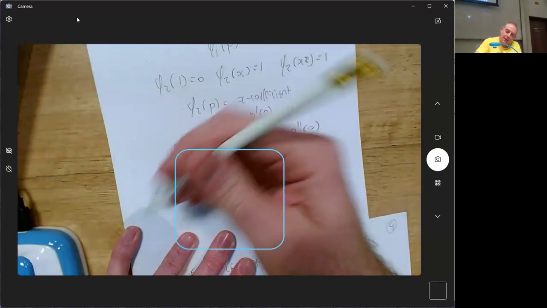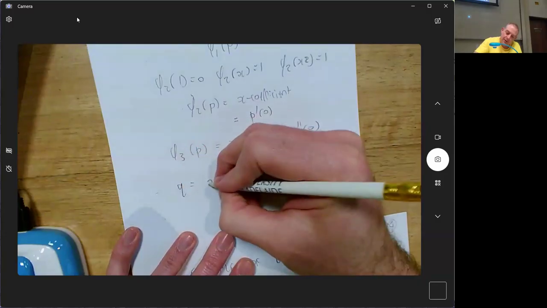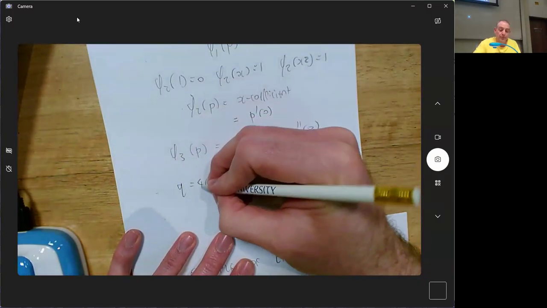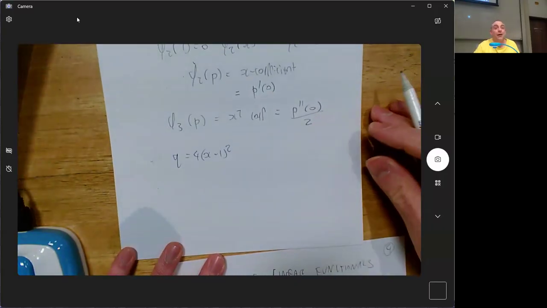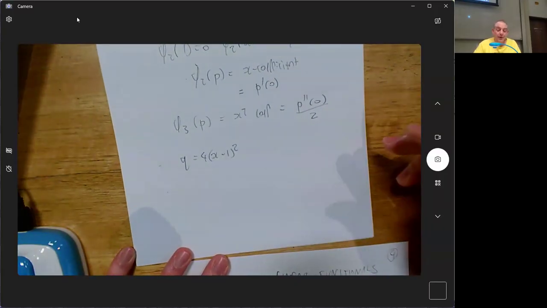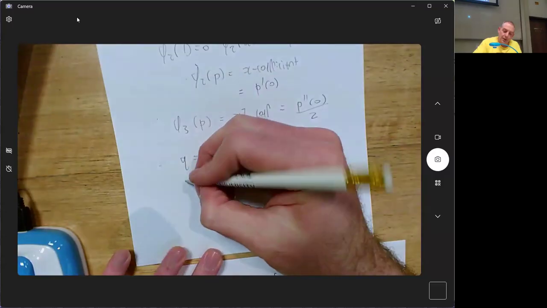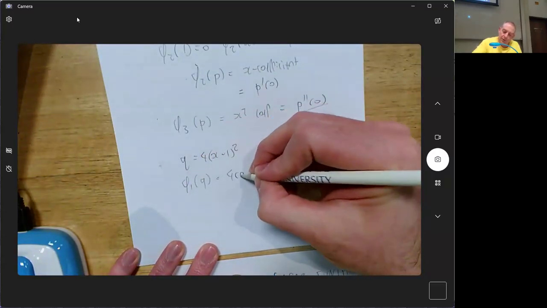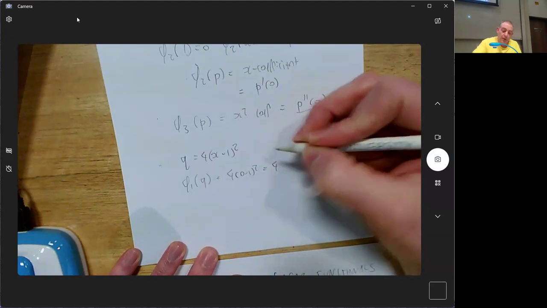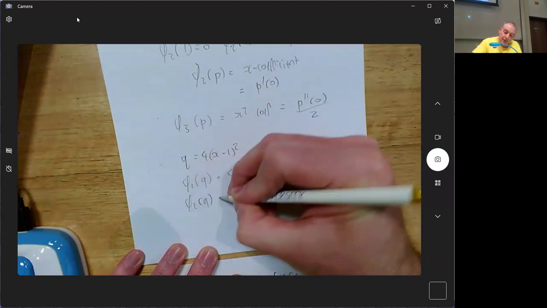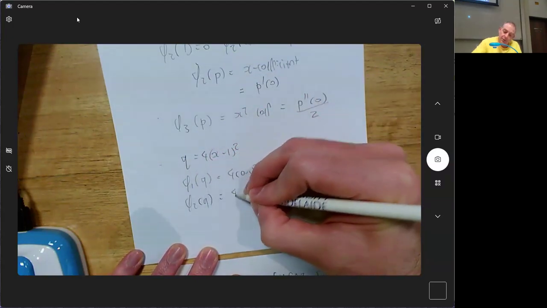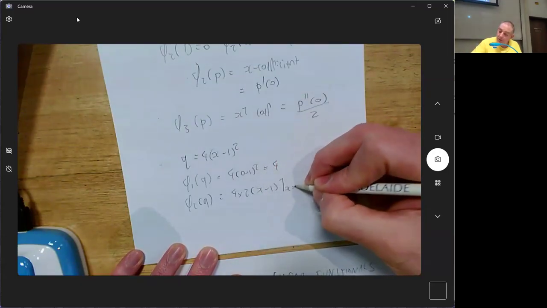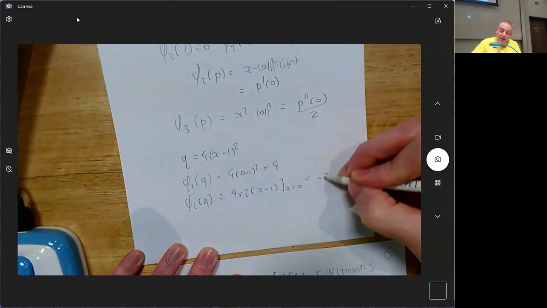what if you had q is like x minus 1 squared? Just a random one. Then I would know that phi 1 of q is 4 times 0 minus 1 squared, which is 4. Phi 2 of q is 4 times 2 with 0 subbed in, which is minus 8.